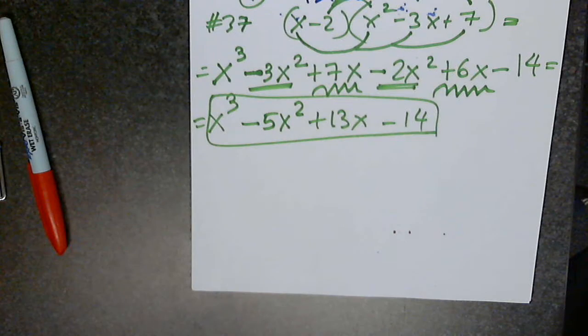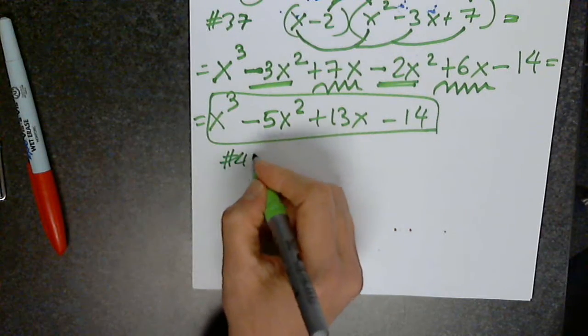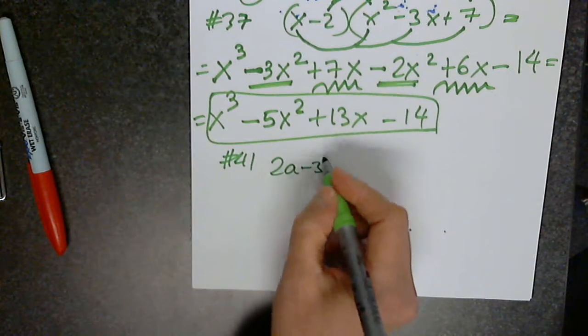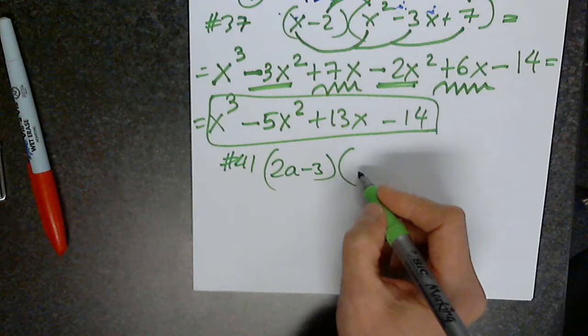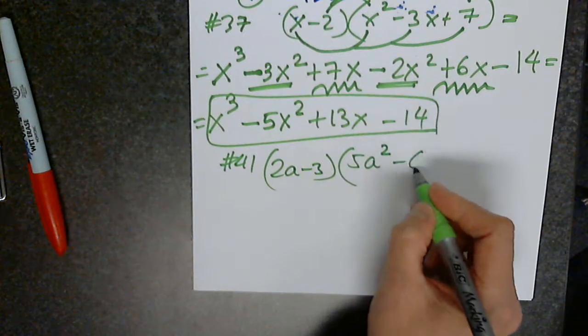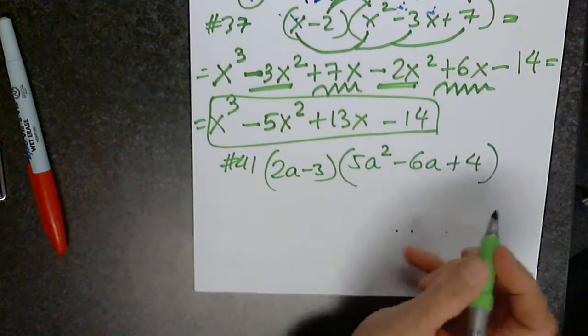What is the leading coefficient? 1. Very good. So now here's one for you, 41: 2a minus 3 and 5a squared minus 6a plus 4.